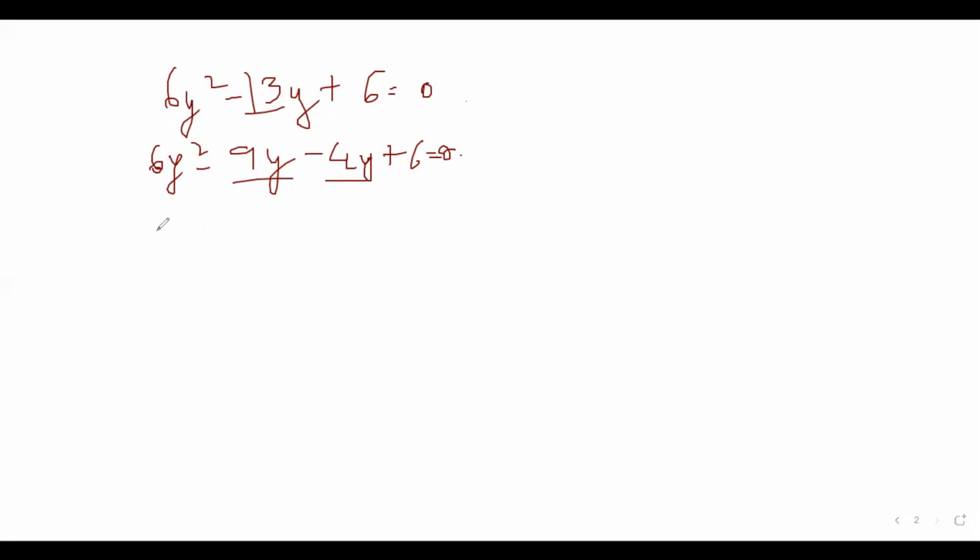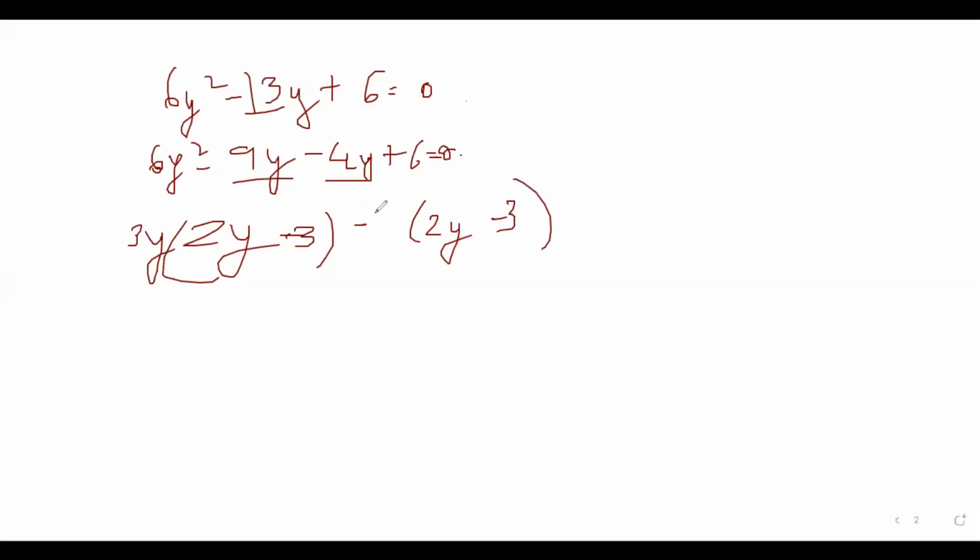From the first two terms, what do we get common? 3y, (2y - 3), and again (2y - 3), and it will be minus 2 is equal to 0. So from this we can write that (3y - 2)(2y - 3) = 0.